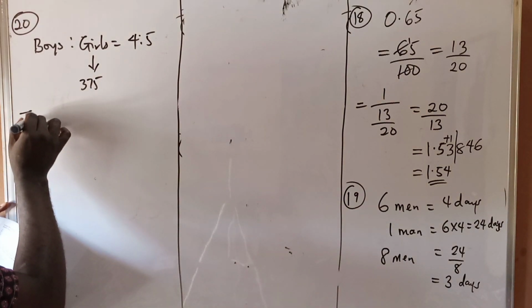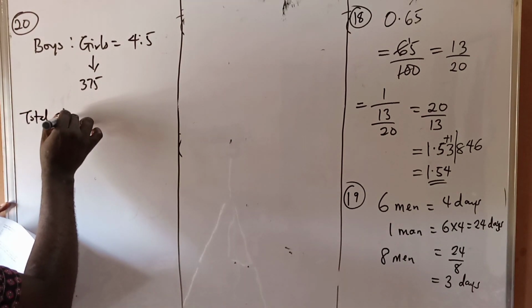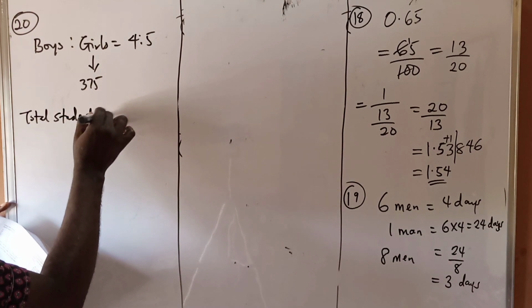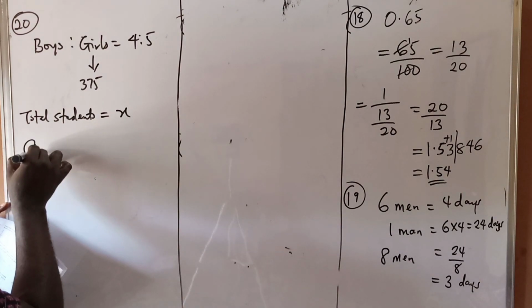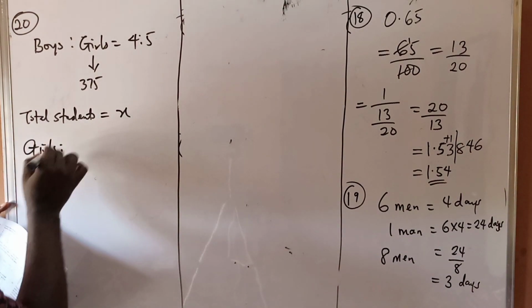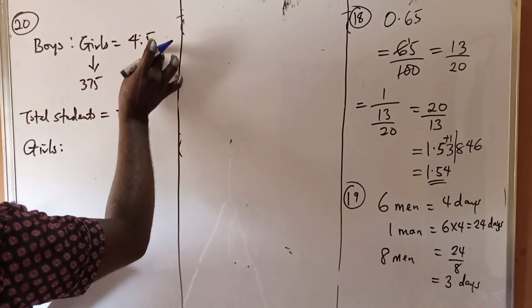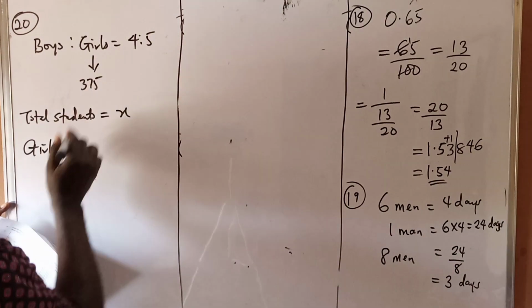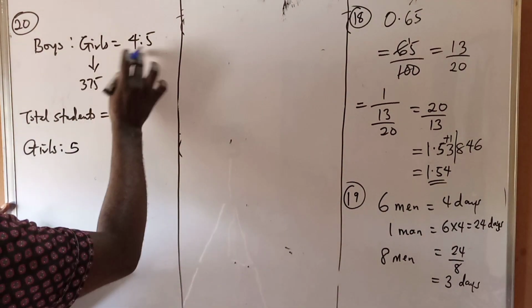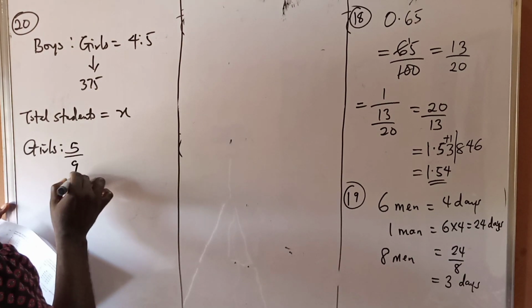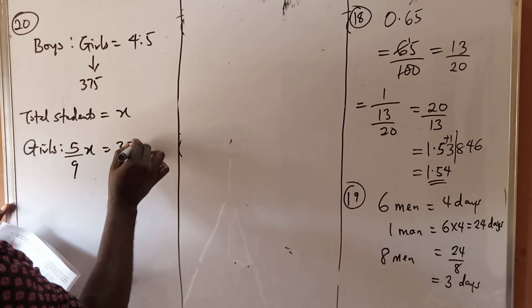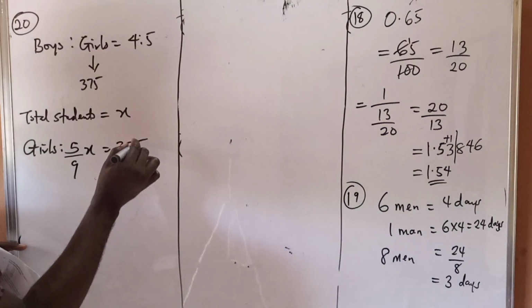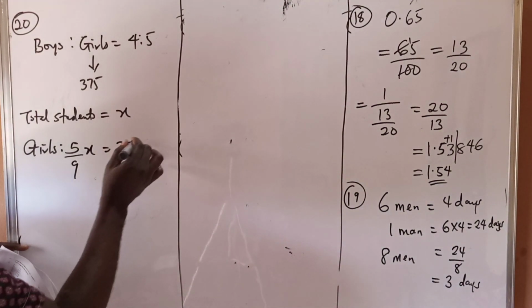Let the total number of students be X. Girls are more than the boys from this ratio. That means 5 out of the sum of the ratio, which is 9, of the total X equals 375. That's how you interpret this.